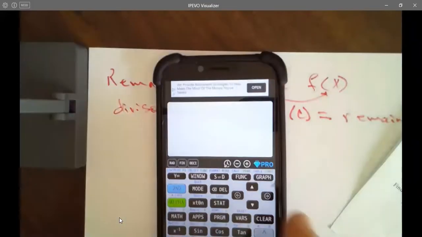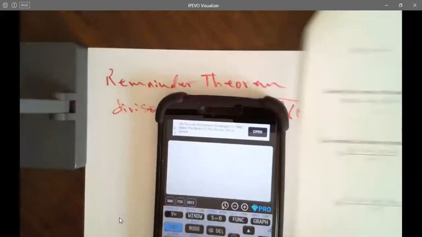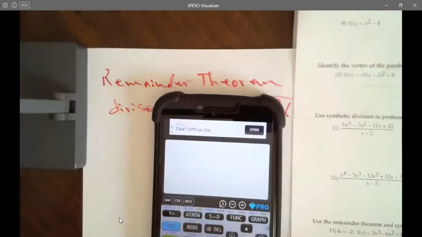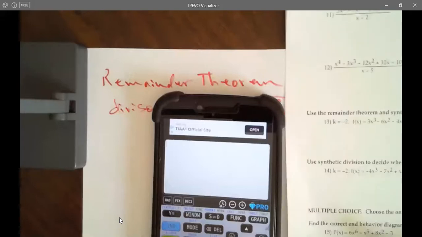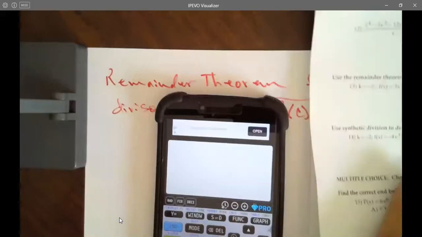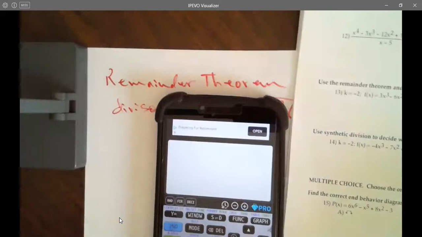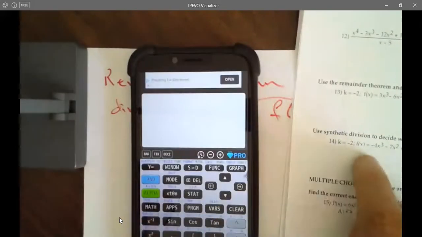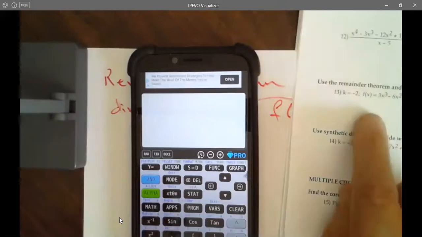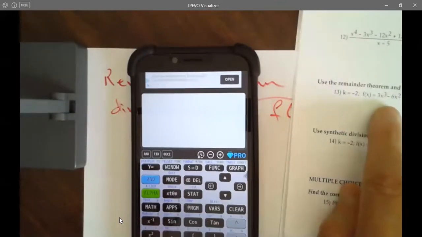All right. So there's a couple of ways you can do this. I'm just going to do the simplest way. There's other ways to do it, but I'm just going to put -2 in wherever the x is and use parentheses.